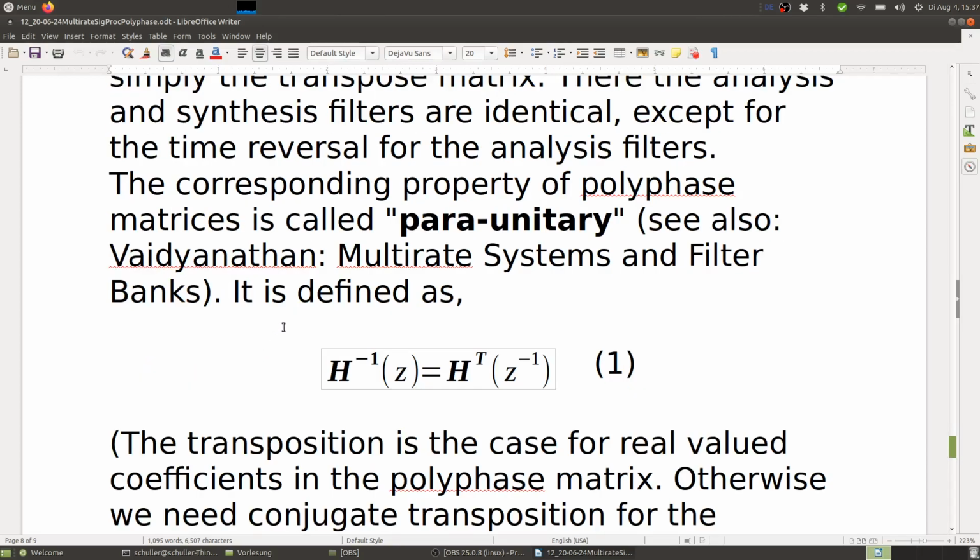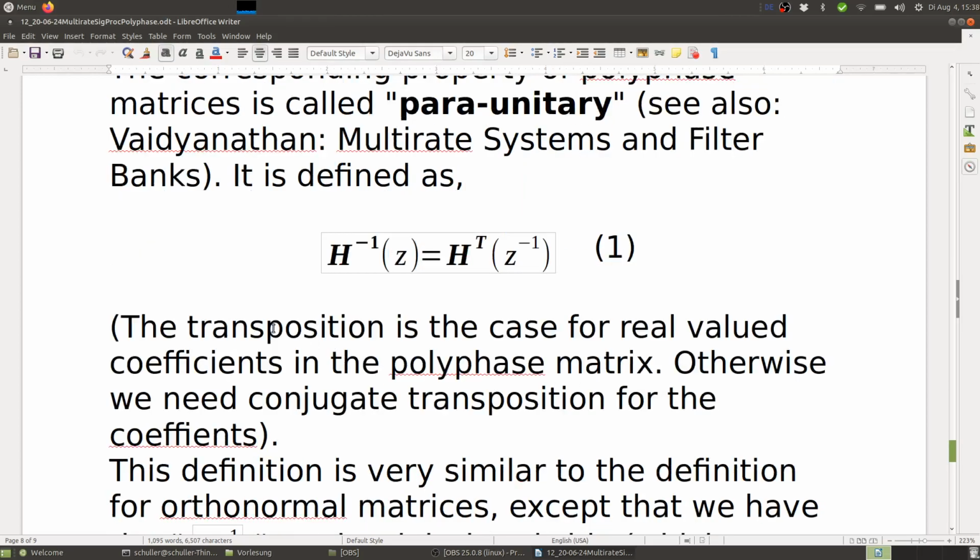This is defined as the inverse of this polyphase matrix being identical to the transpose of this matrix and then replacing z by z to the minus 1, doing this substitution. The transposition is the case for real valued coefficients in the polyphase matrix. Otherwise, we need conjugate transposition for the coefficients. So here, this would turn into conjugate transpose.